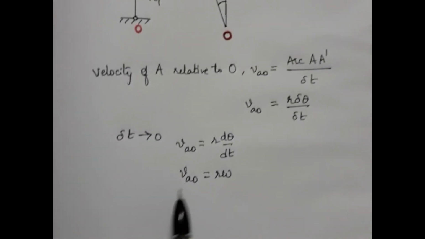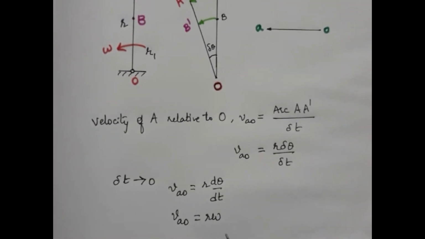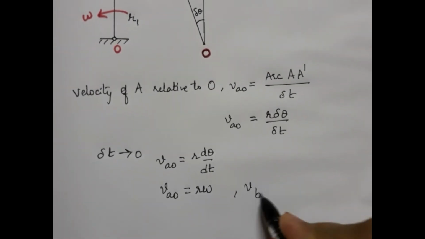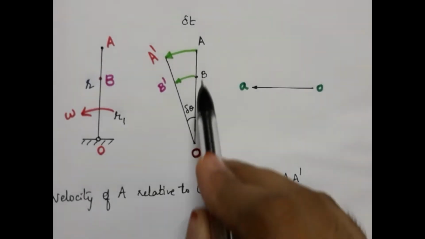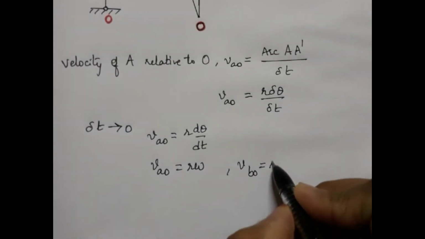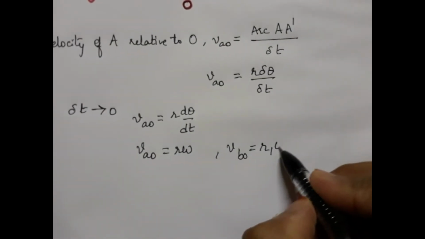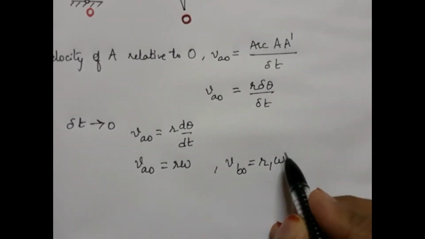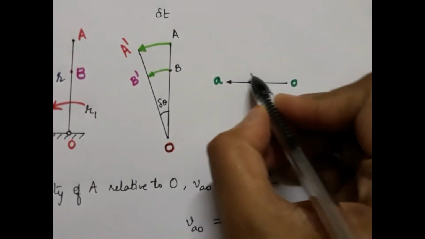So like how we found VAO, we can also find VBO. The only difference being VBO will be R1 omega, for OB is R1, and omega is still the same, it is constant.